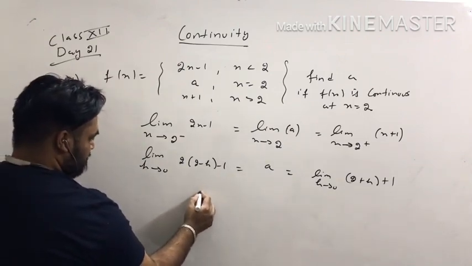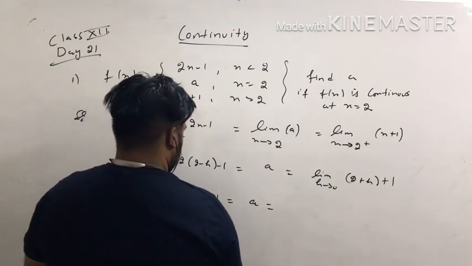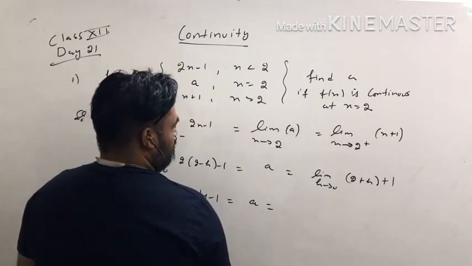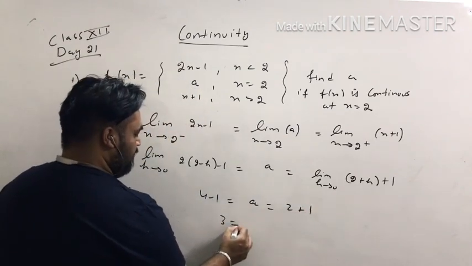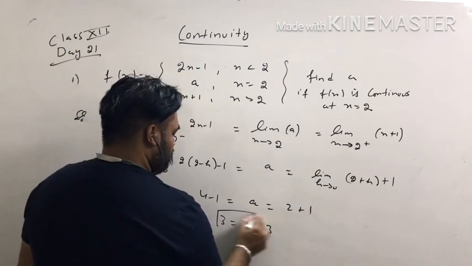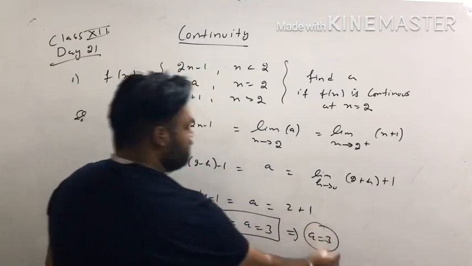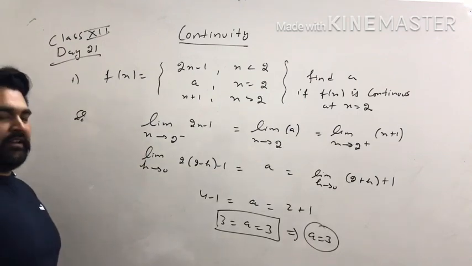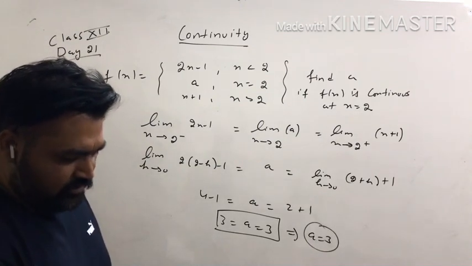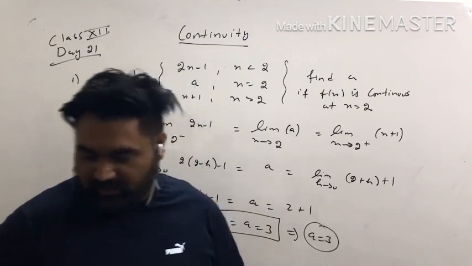This becomes 4 minus 1 equals a equals 2 plus 1. So 3 equals a equals 3. So the value of a is 3. In this way we can find the value of any constant if any function is continuous at any point.